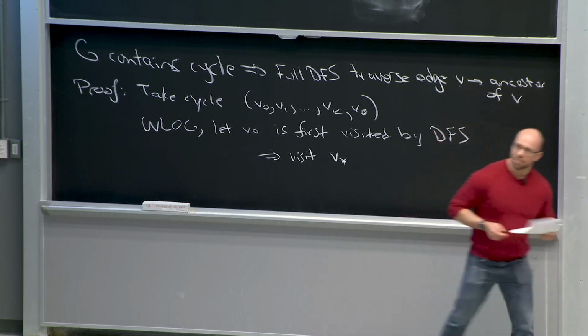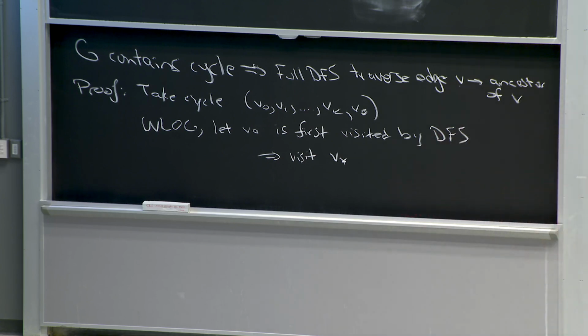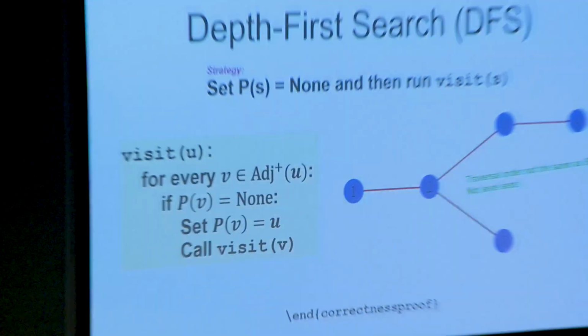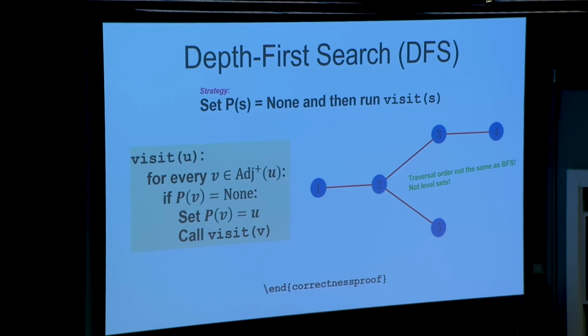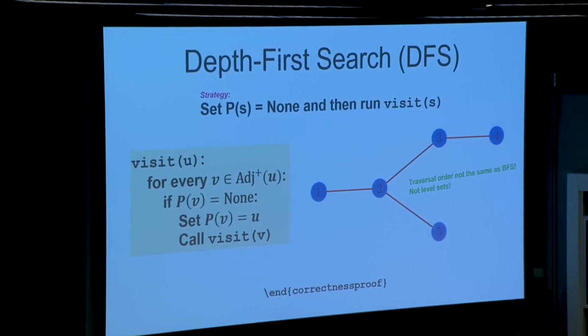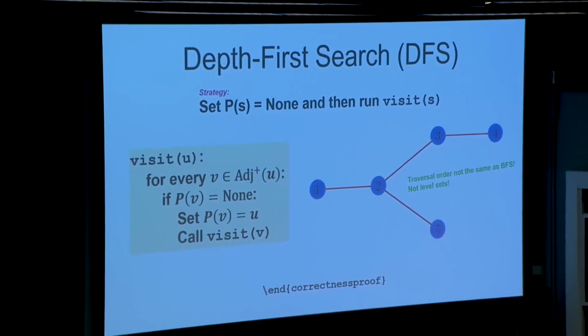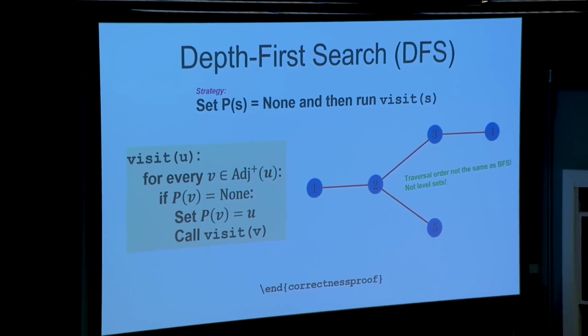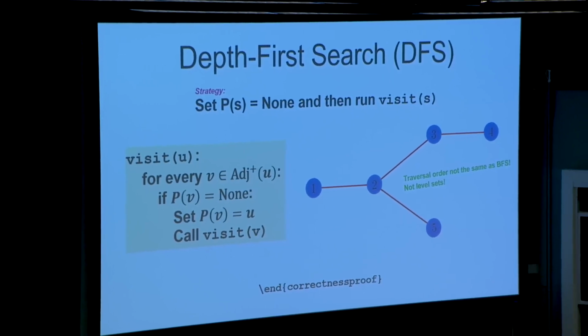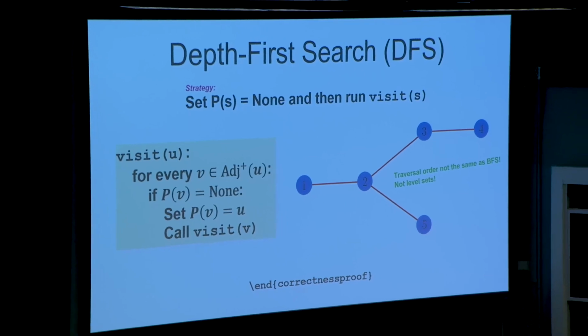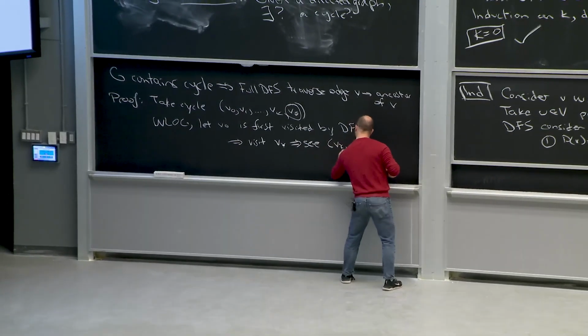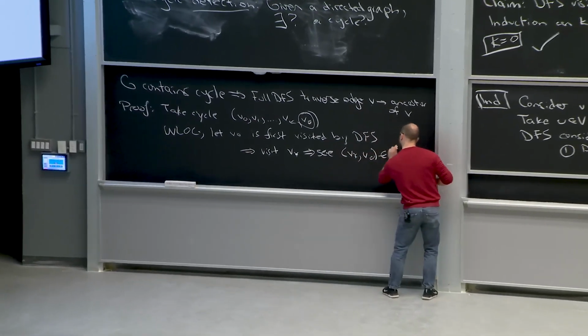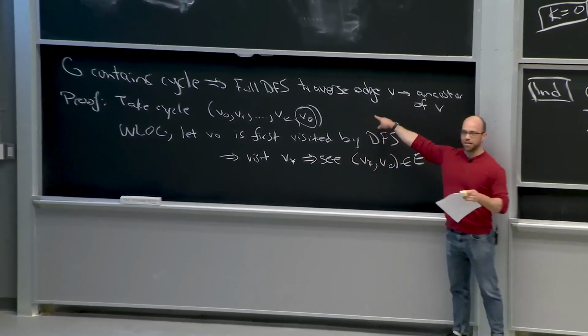So remember our algorithm. In fact, we should probably just put it up on the screen. It would be easier than talking about it a bunch. Well, VK is now going to iterate over every one of the neighbors of VK. And in particular, it's going to see vertex V0. So we're going to see the edge from VK to V0, which is an edge by definition, because we took this to be a cycle.